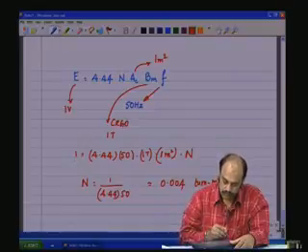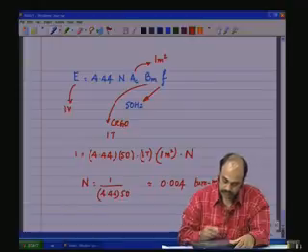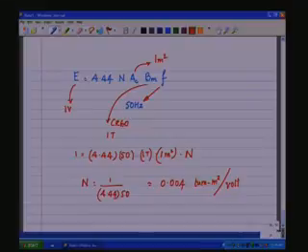This is for 1 volt, so many turns for 1 volt, and the area comes in, so that is the meter square per volt.